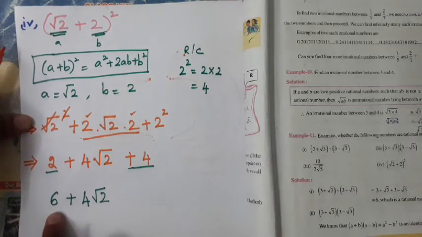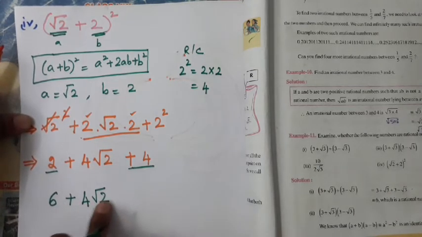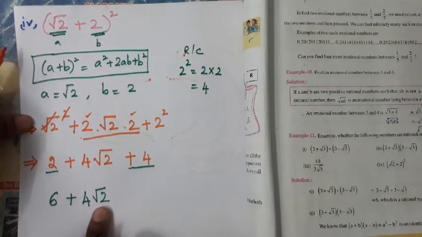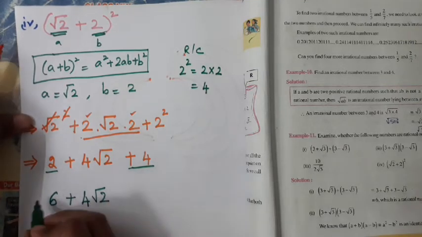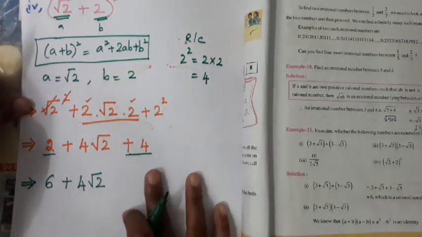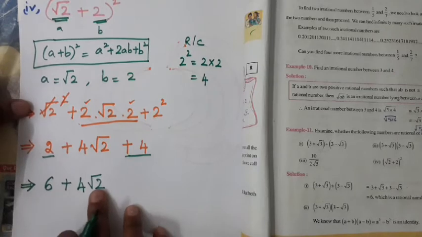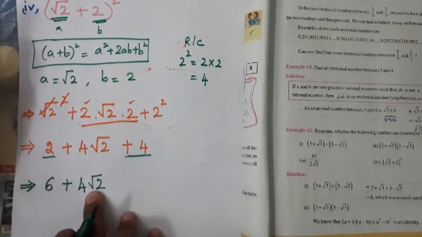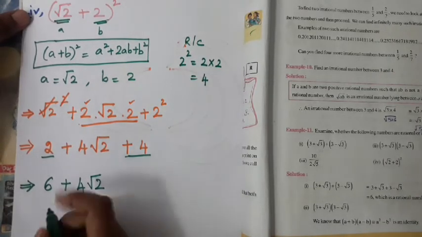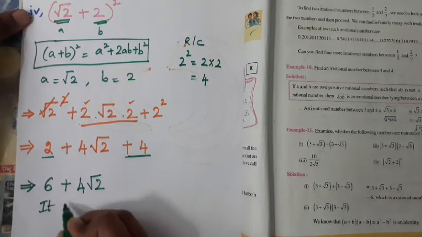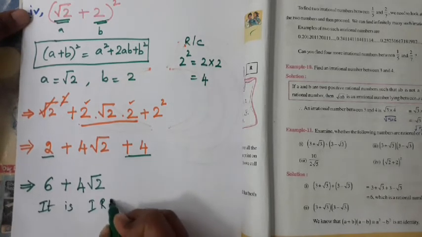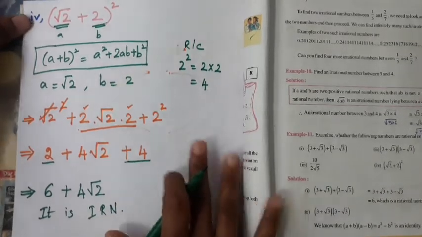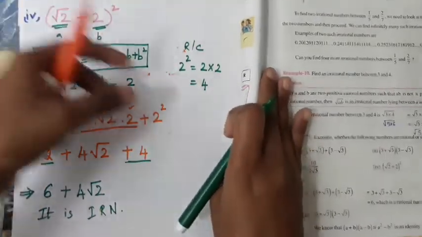Now is it a rational number or an irrational number? It is an irrational number because root 2 is an irrational number. I hope you have understood all the examples.